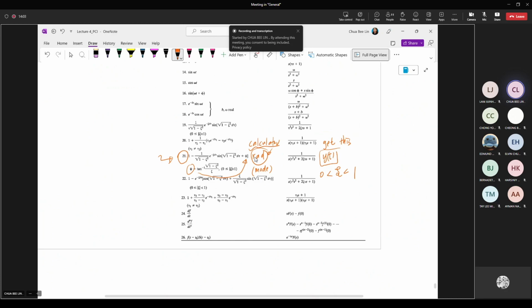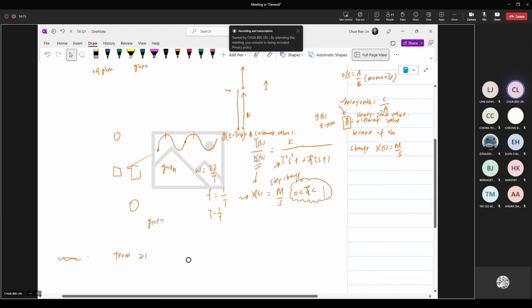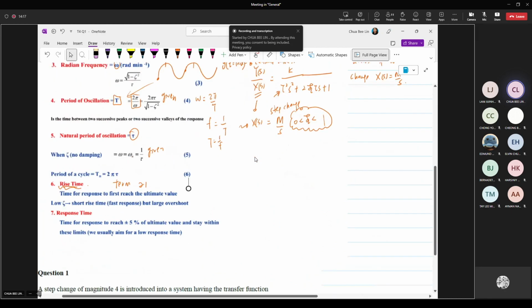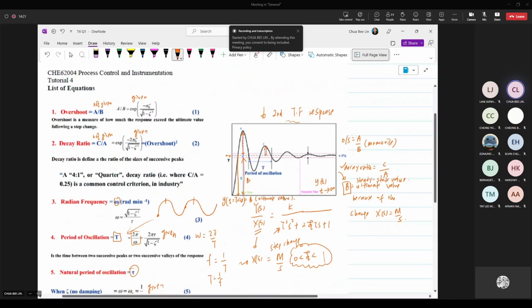But for the term 21, you have to change the mode into radian. Okay, so this is a short recap that we have. All this we call the characteristics of the second order transfer function, which is the response of the second order when you have the change of the input as a step change.